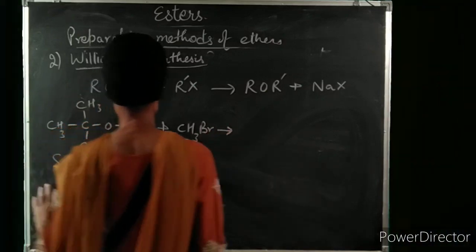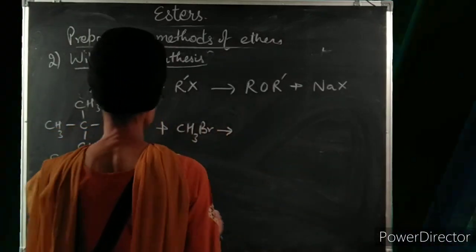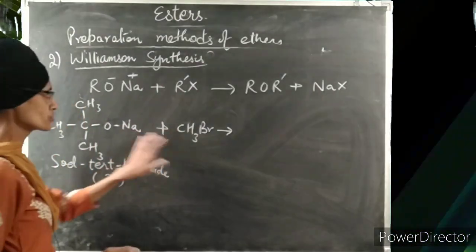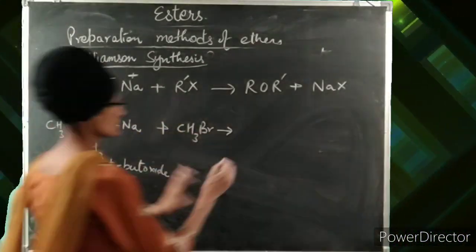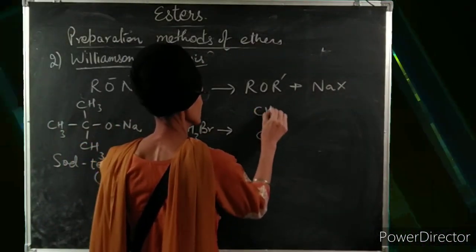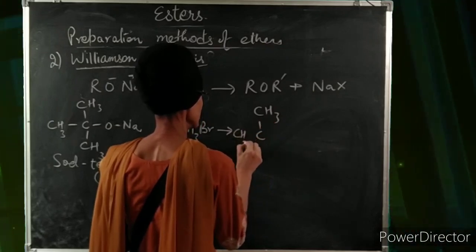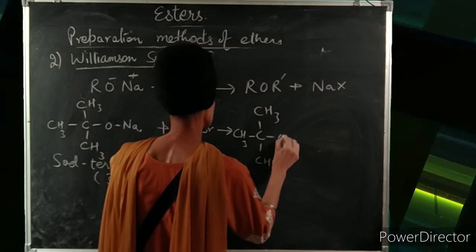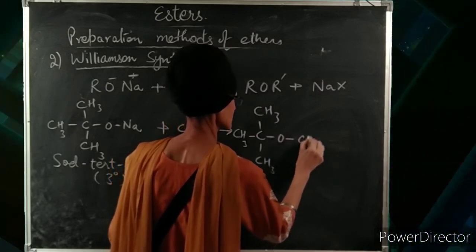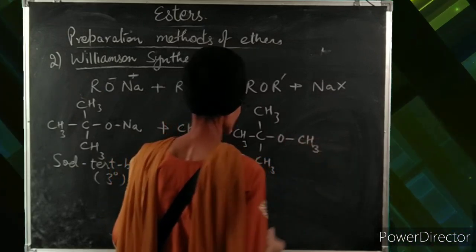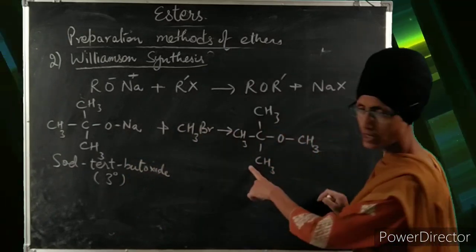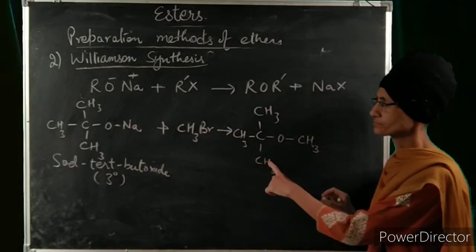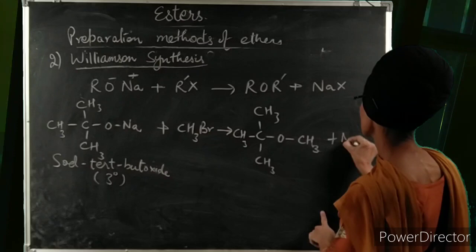There will be formation of NaBr plus ether. The ether formed will be this, tertiary butyl methyl ether, plus sodium bromide.